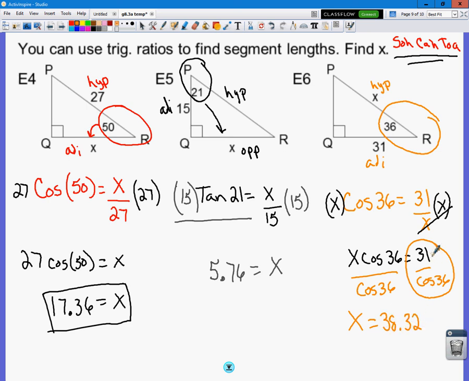You've got to key the 31 in first, then divide, and then you could have put in 36 cosine, but remember you need to hit equals. And you should end up with 38.32.